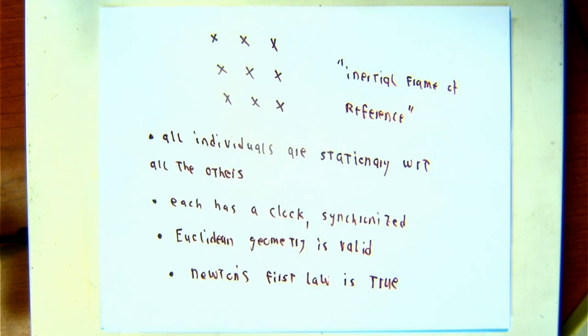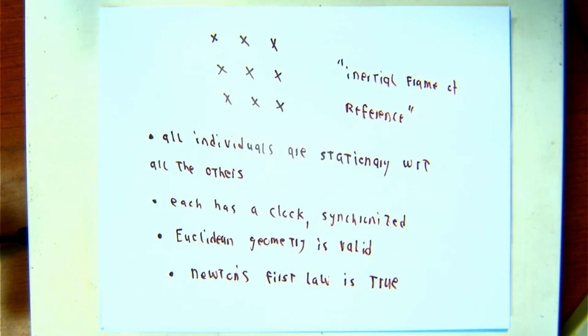A setup like this, we're going to call an inertial reference frame, also known as an inertial observer. And here you have to be very careful with your language. When people say that, inertial observer, they don't mean any one of these individuals. They mean the entire collection of them.